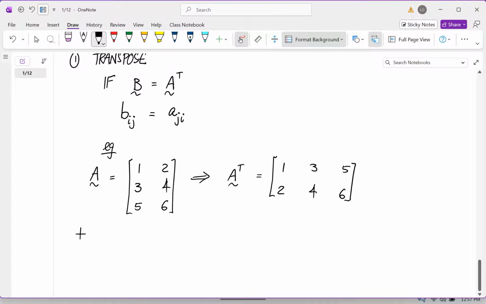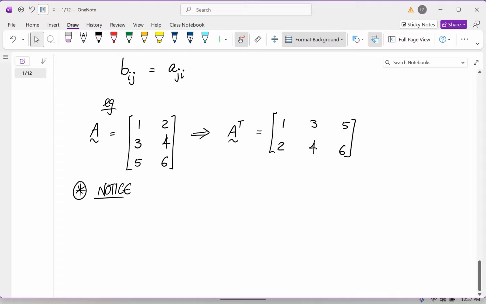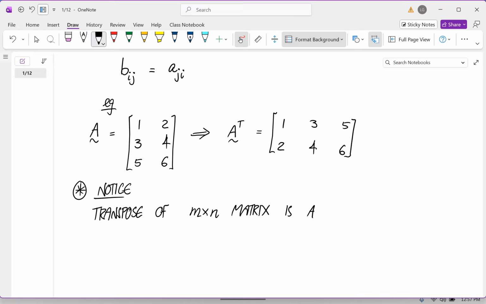One thing to notice about this transpose operation is the transpose of an M by N matrix is an N by M matrix.